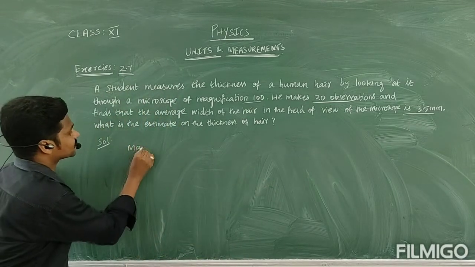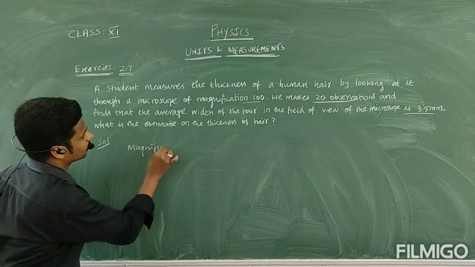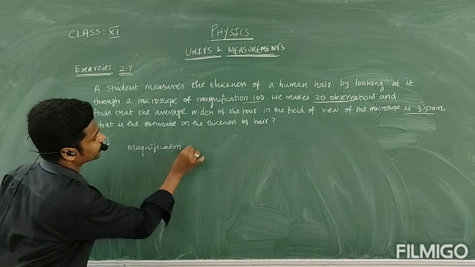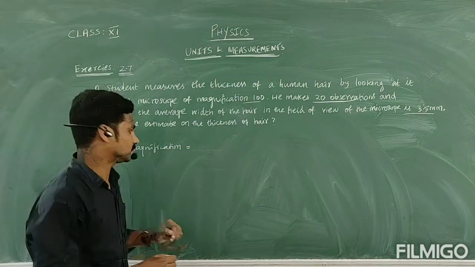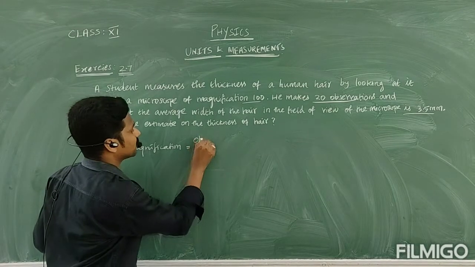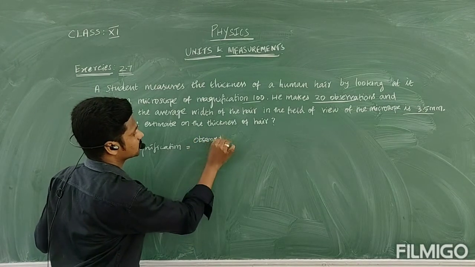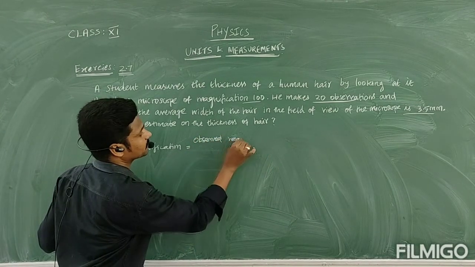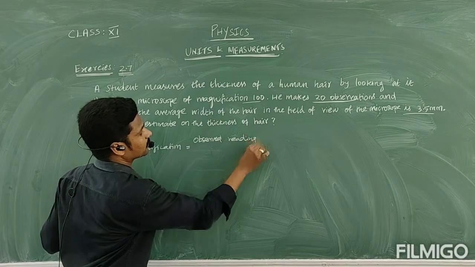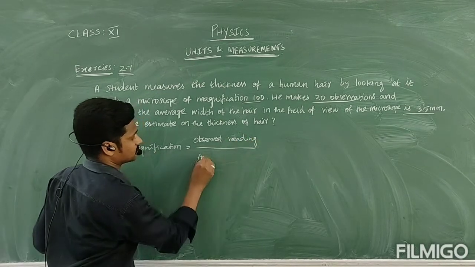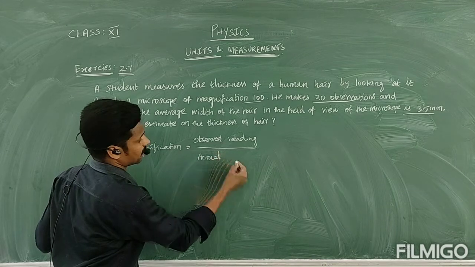We can write it properly. Actually the magnification is equal to the observed reading divided by the actual value.